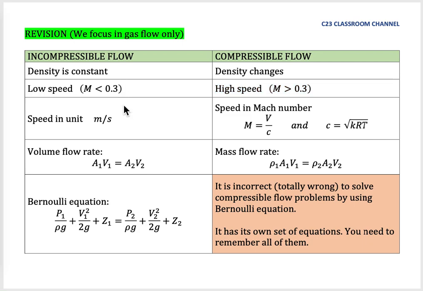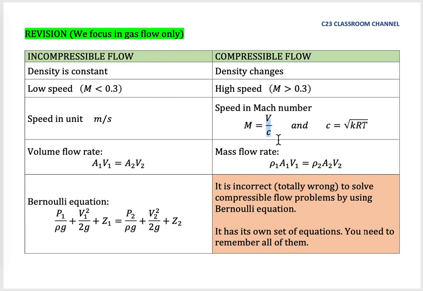Normally in incompressible flow, we keep using the SI unit of speed, meter per second. However, in compressible flow, at high speed, we normally use the Mach number, which means we compare the velocity with the speed of sound.